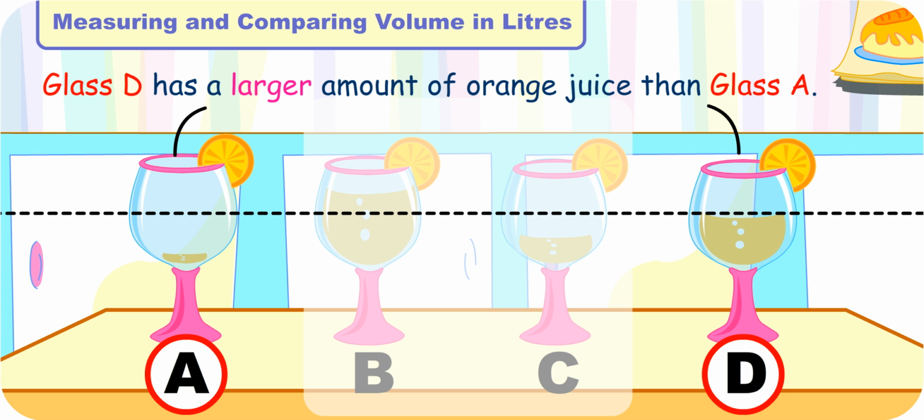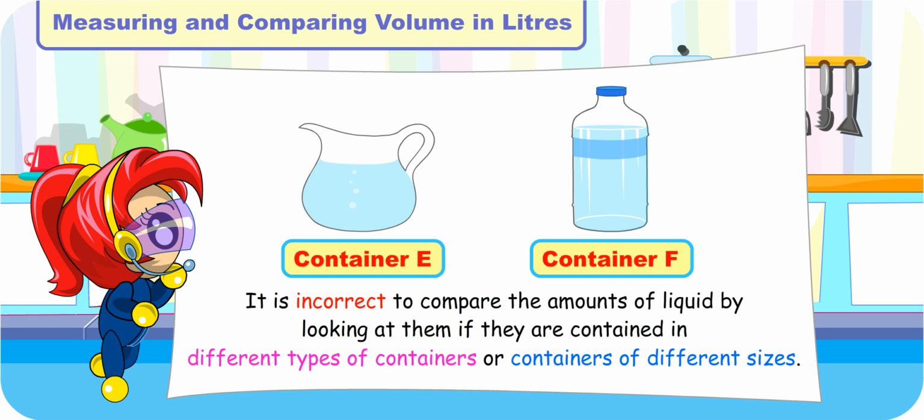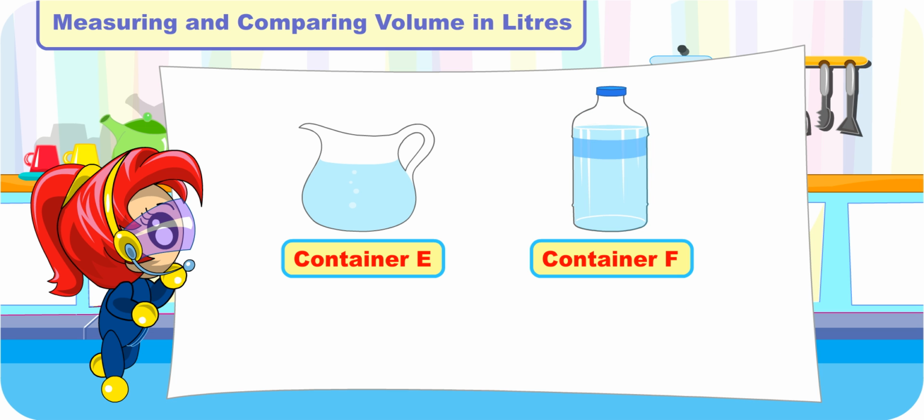Very good, Turbo Girl. We can make comparisons of the amounts of orange juice because they are contained in glasses of the same type and size. Do remember that it is incorrect to compare the amounts of liquid by looking at them if they are contained in different types of containers or containers of different sizes.